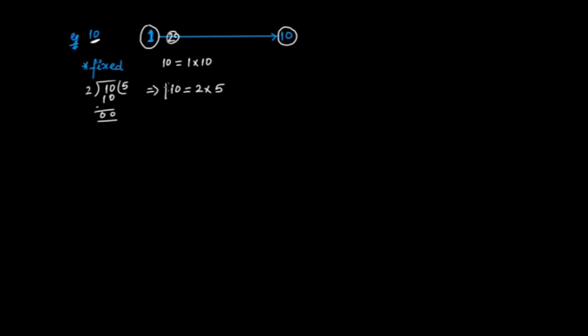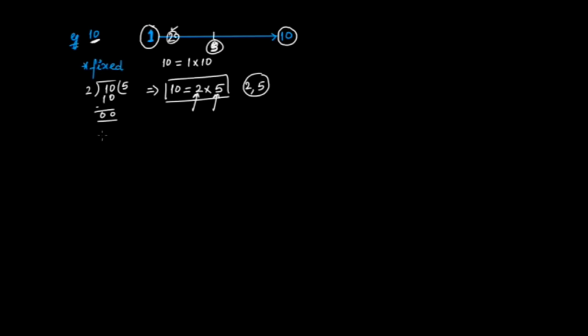Now you know from the previous example that for this number 10, 2 would be the factor and also 5 would be the factor, right? So the next two factors are 2 and 5. So you got 1 here, you got 2 here, now you have got 5 here.